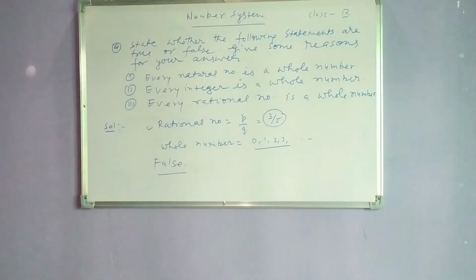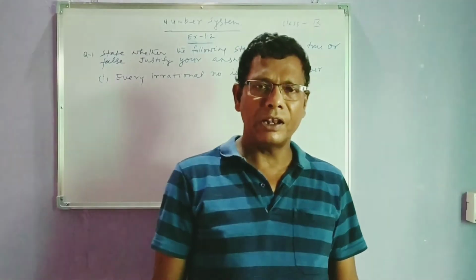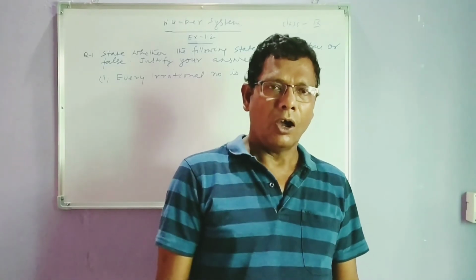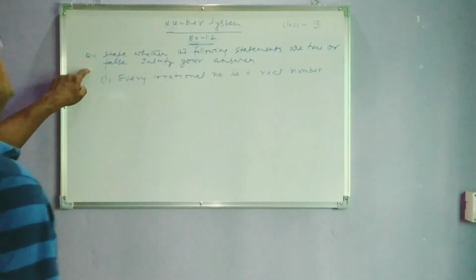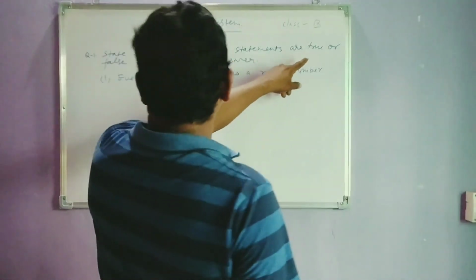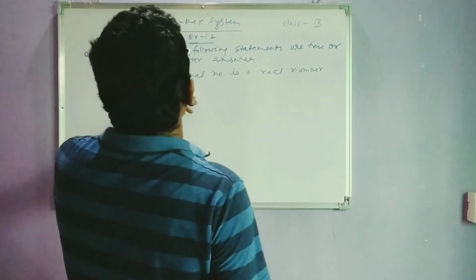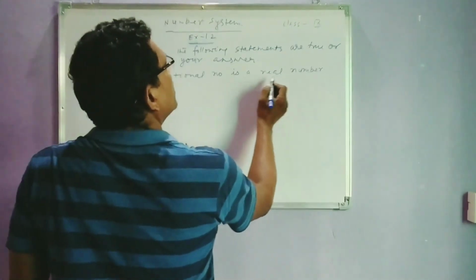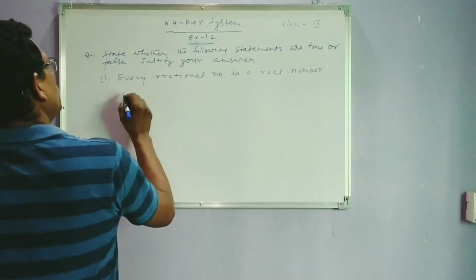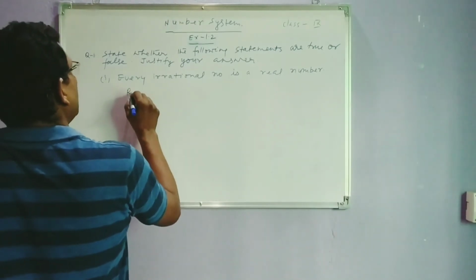Now we will solve question number 1 of exercise 1.2. State whether the following statements are true or false. Justify your answer. First question. Every irrational number is a real number. So first we know what is real number.